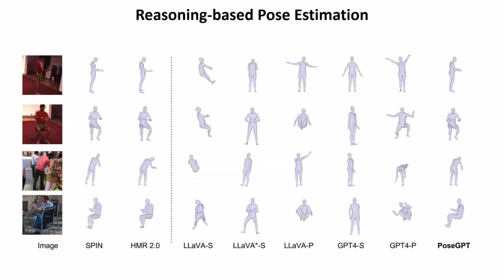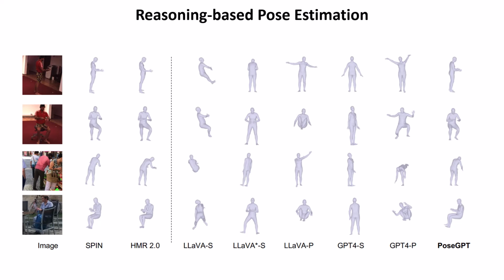And for human pose estimation directly from the image, we can see that PoseGPT in general cannot be as accurate as the other models like HMR2 that is specifically designed for this task. But LLaVA-S or -P and even GPT-4-S-P, none of them can be as accurate as PoseGPT because, I mean, -P to me is not even fair, just to ask for some description and then ask PoseScript to generate it.